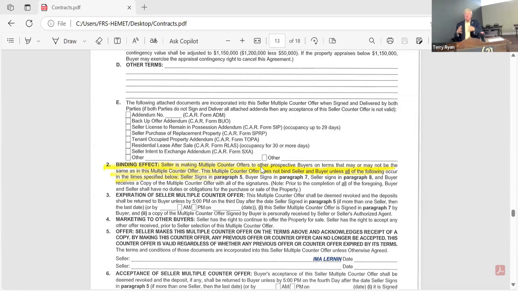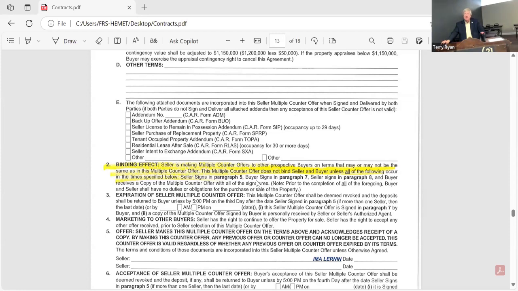Maybe the purchase price is the reason for countering one, but maybe the other one has to do with how many concessions we're making or how much time it's going to take to close escrow. So you don't have to have exactly the same things. You just have to have what the seller would be satisfied with for this buyer and for that buyer. So just remember that they don't have to be exactly the same.